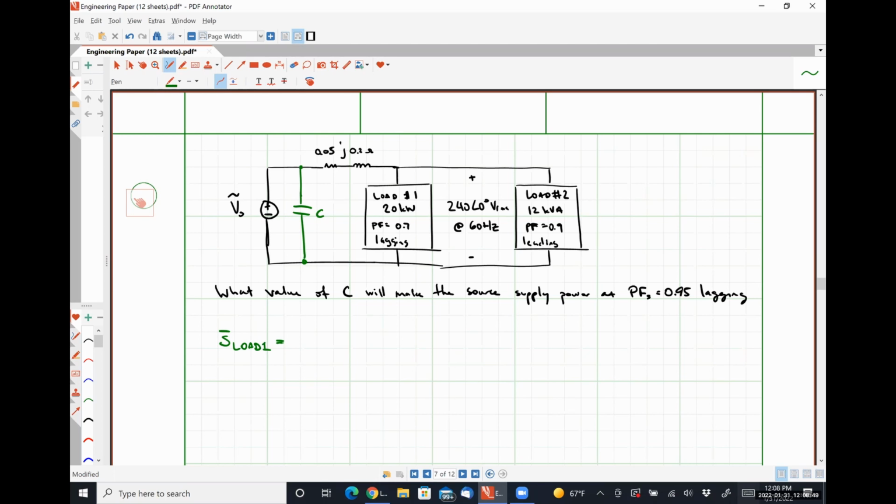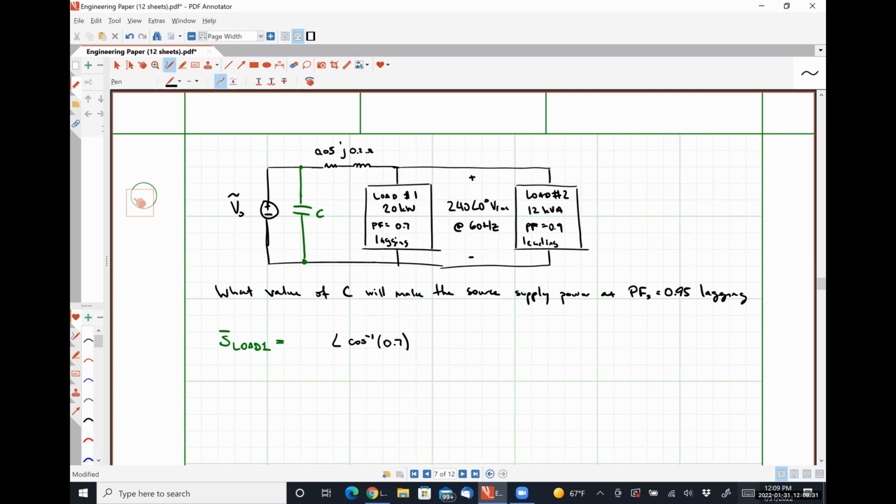So we're going to have an angle of inverse cosine of 0.7, and this lagging tells us that our angle should be positive. The inverse cosine function is always going to give us a positive number. So when we do this one in a moment, we'll have to remember to put a negative sign in to force the angle to be negative, because a leading power factor always has a negative angle. All right, so we get the angle bit figured out.